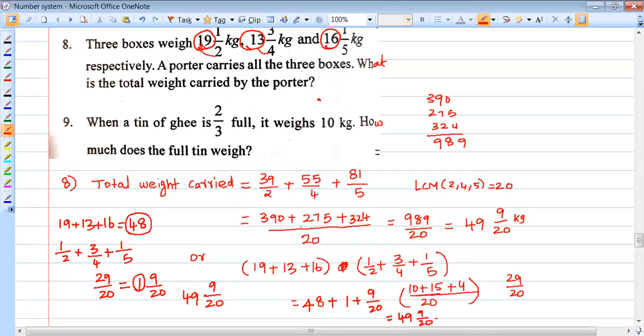You need not deal with the bigger numbers 390, 275 and all. Got the point? No, it is 19 plus 13 plus 16, not 29, Aditya Kumar.